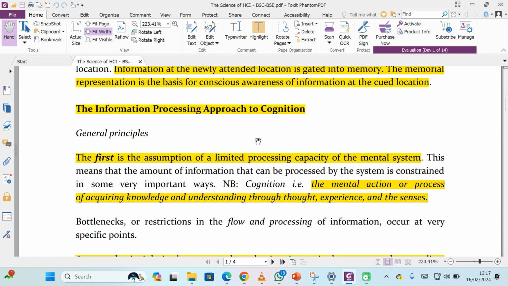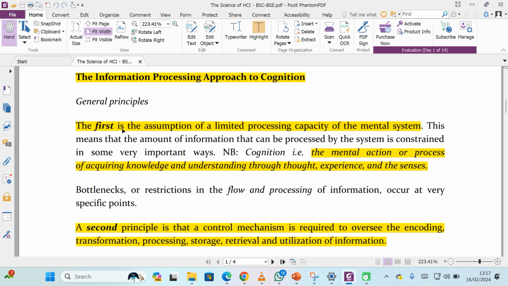The first principle is the assumption of a limited processing capacity of the mental system. This means that the amount of information that can be processed by the system is constrained in some very important ways. Now, we believe that some people are more intelligent than others.